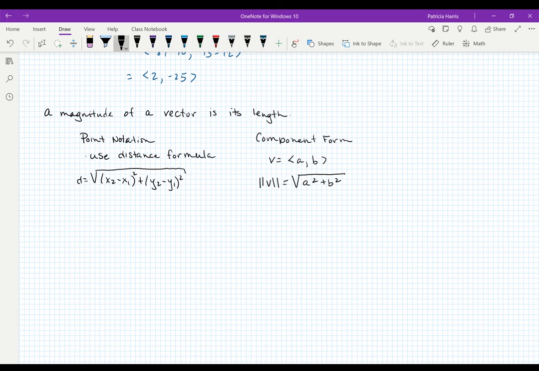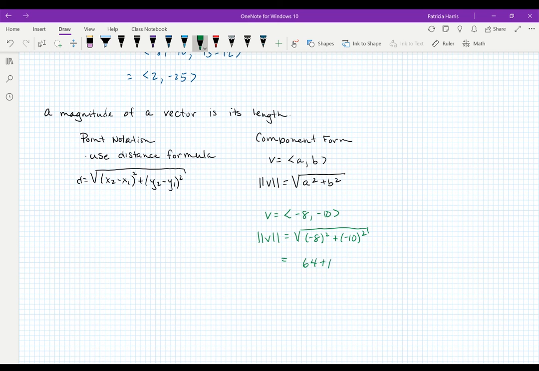So if I have the vector v, and it is -8, -10, and I want to find its magnitude, I'd go -8 squared plus -10 squared.